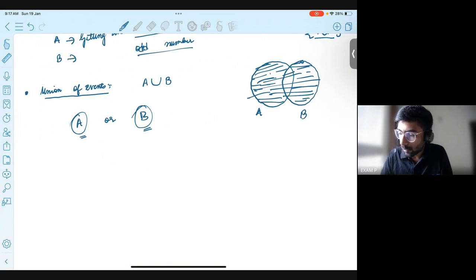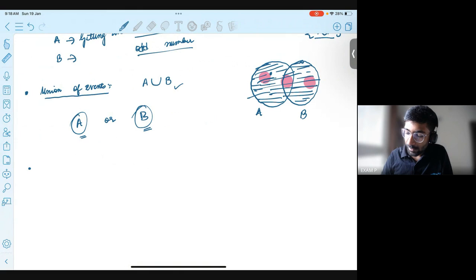Because if you're here, you're in A, that means A union B is satisfied. If you're in this area, then you're in event A, that means A union B is satisfied. If you're here, that means you're in the common part of A and B, then also it's satisfied. This is the region where A and B both are happening, and here only B is happening. So in any of these three regions, A union B is satisfied.